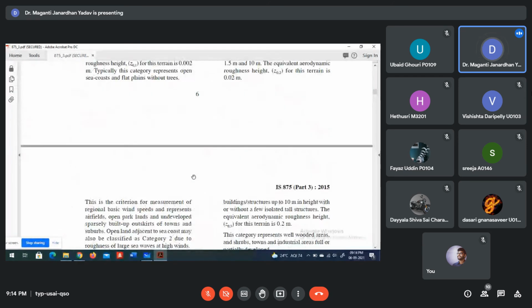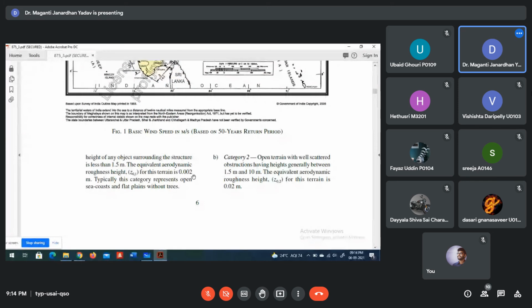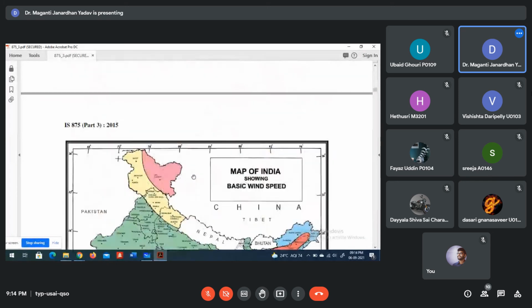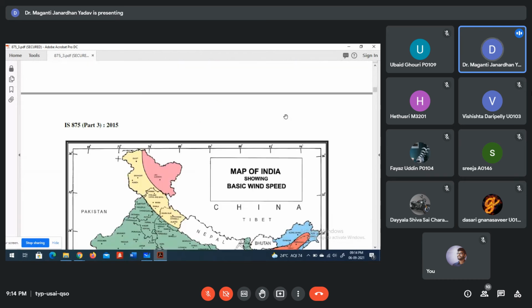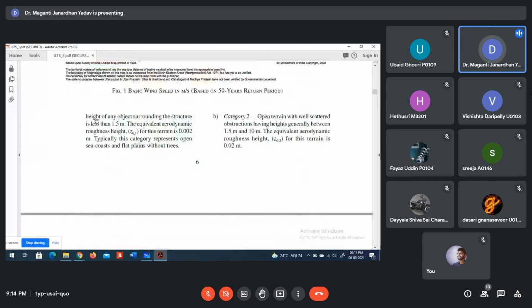I'll show you, Arjun, by category 1. Exposed open terrain with few or no obstructions and in which the average height of any object surrounding the structure is less than 1.5 meter. The equivalent aerodynamic roughness coefficient for this terrain is 0.002. Typically, this category represents open sea coasts and flat plains without trees.